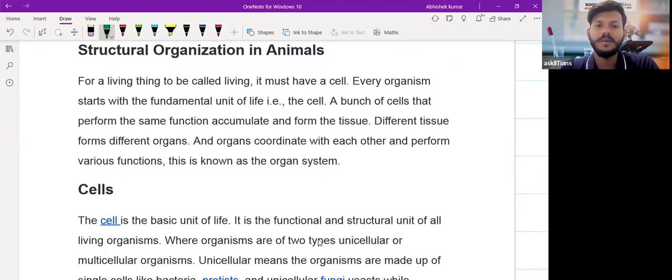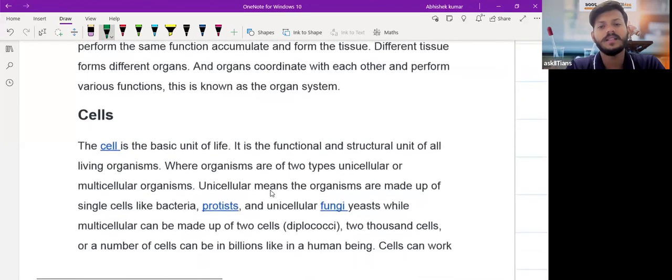A bunch of cells that perform the same function accumulate and form a tissue, and different tissues form different organs. Organs coordinate with each other to perform various functions like digestion, respiration, excretion, etc. This is known as an organ system. We have different organ systems, such as the digestive system, respiratory system, excretory system, and reproductive system, right?